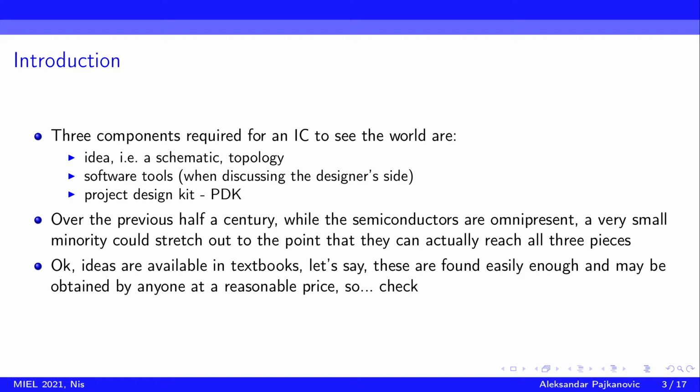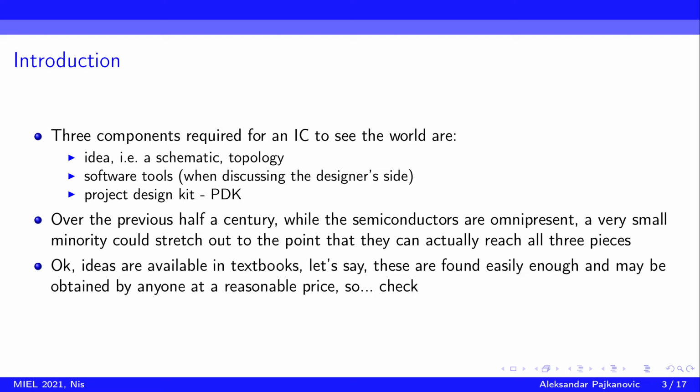The three components required for an integrated circuit to see the world are, of course, the idea, a schematic, a topology, the circuit that we need to materialize, and then we need the software tools.